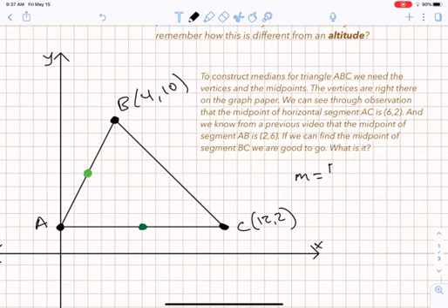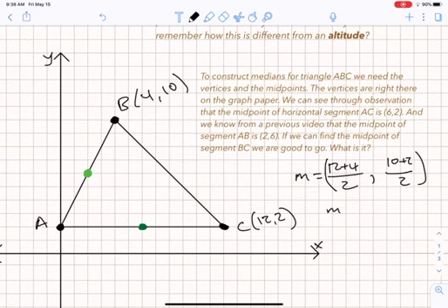So we have 12 plus 4, and the average, well, if you have averaging 2 numbers, you divide them by 2. That's the reason for the 2 in the denominator. Here the y values are going to be 10 plus 2, also divided by 2. And remember, a midpoint is a point, and so this is a coordinate pair.